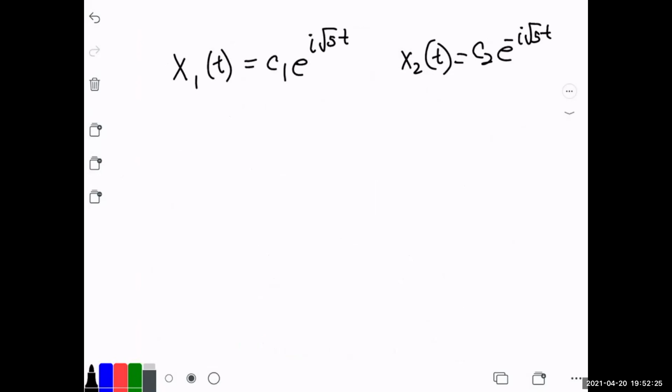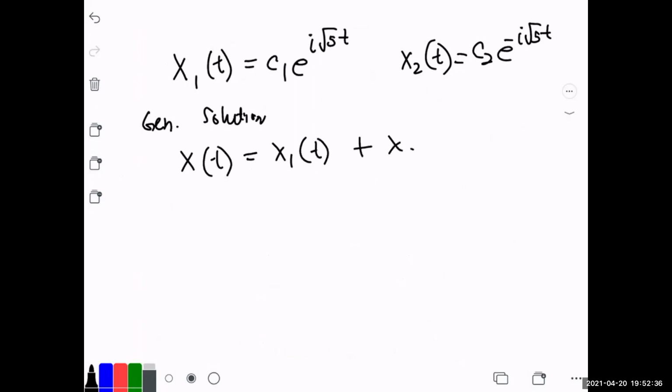So our general solution will combine these two. x of t is equal to x sub 1 of t plus x sub 2 of t, which is c sub 1 e to the i square root of 5t plus c sub 2 e to the negative i square root of 5t. Okay?